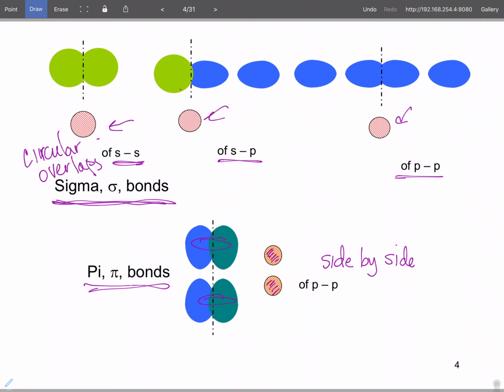But if you put your fingers together and your thumbs together, forming kind of a curve, you cannot freely rotate your hand without breaking the bonds. So the circle allows rotation. The two circles, no rotation. And that's going to affect the properties of molecules, whether they can freely rotate or not.